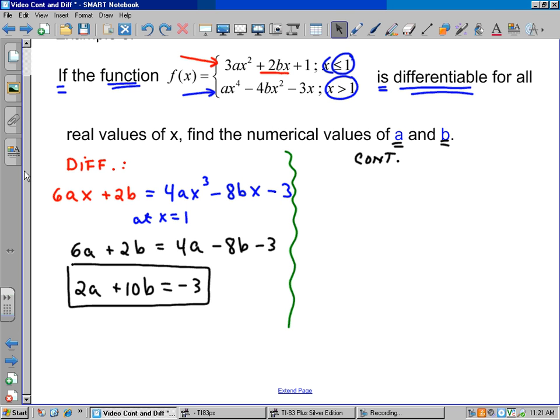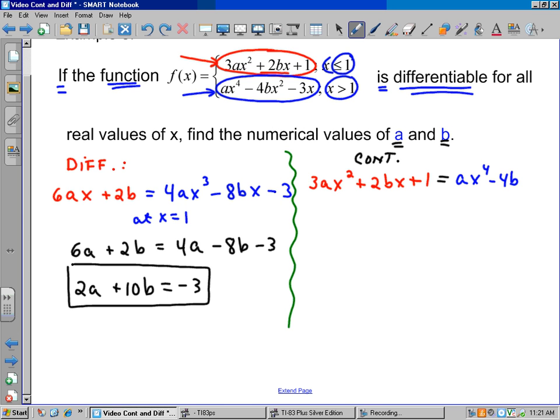If it's continuous at x equals 1, what does that mean? Well, it means that this y value is going to equal this y value at x equals 1. All right, so let's set these two y values equal to each other at x equals 1.